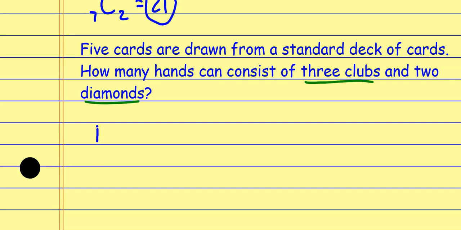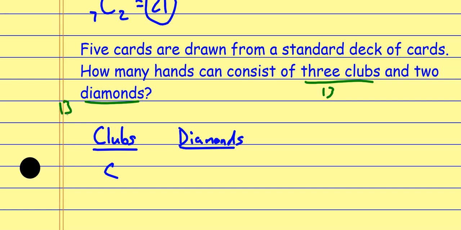So what I have to do is a separate combination for the clubs, and then I also have to do the diamonds. And so for the clubs, if you don't know this, there are 13 clubs in the deck. And there are 13 diamonds in the deck. So for the clubs, there are 13, and I want 3 of them.